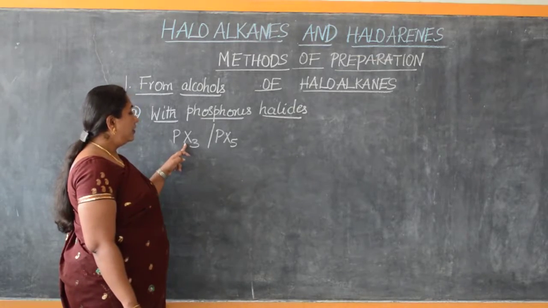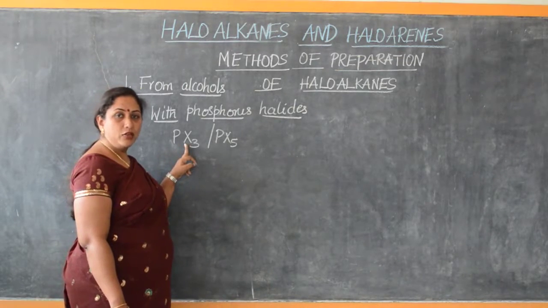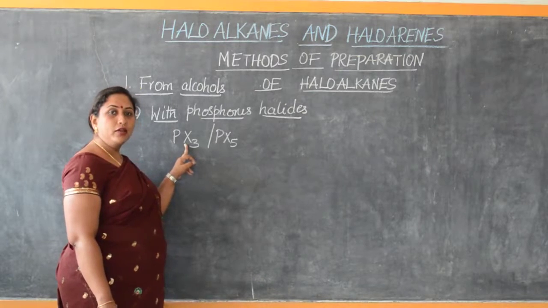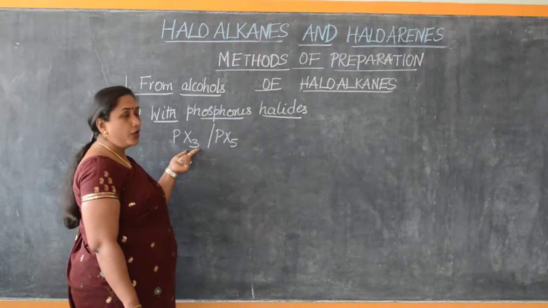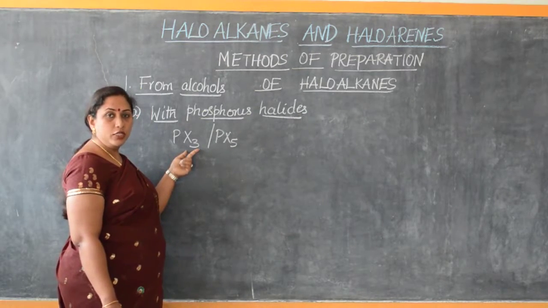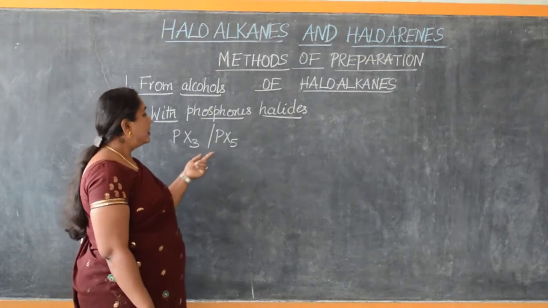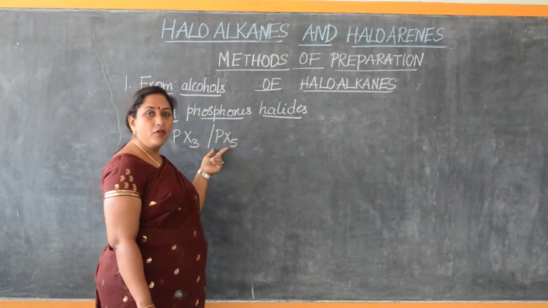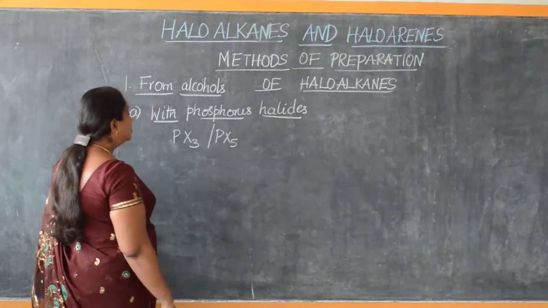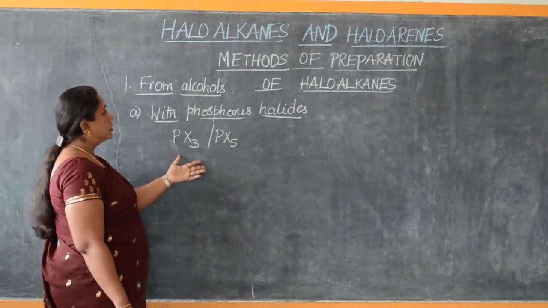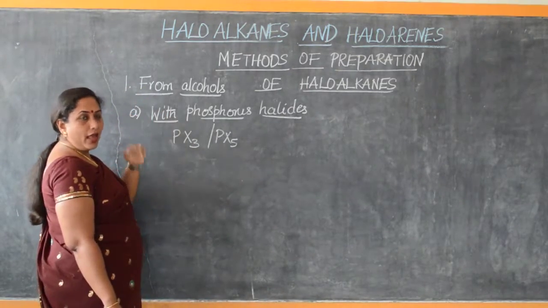The X here indicates any member of halogen like fluorine, chlorine, bromine, iodine, and trihalide means 3 of those halogen components are there. Pentahalide means 5 of halogen is present attached with the phosphorus. So either of these can be used to treat the alcohol.